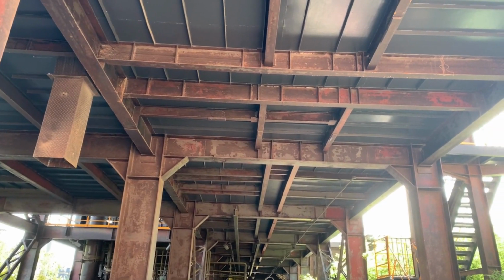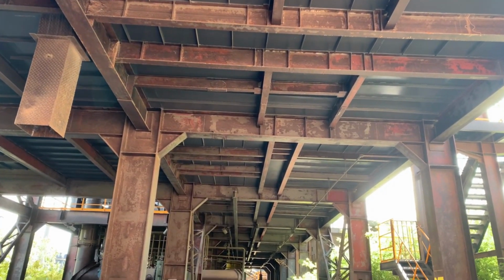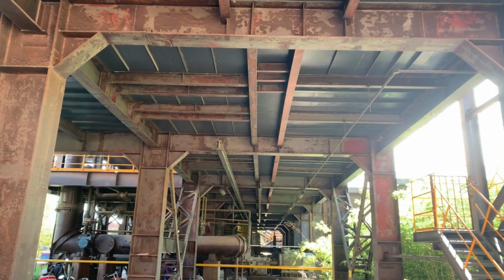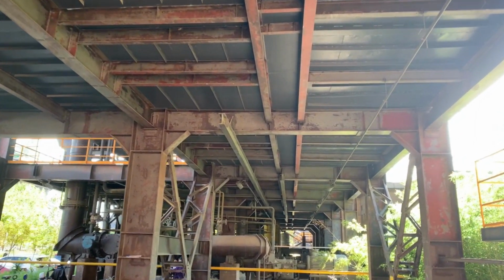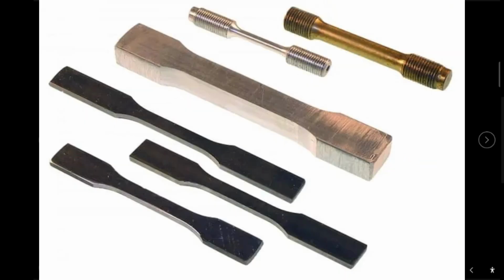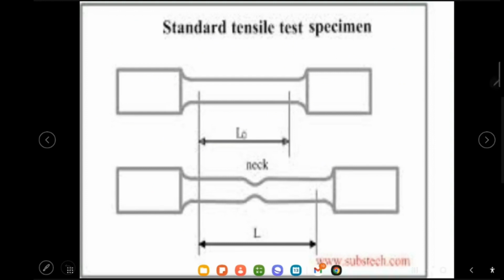So this is an example of utilization of steel sections in the construction of portal frames and so on. Standard tensile test specimen, we are using a coupon. Normally when we test steel or FRP, we have to use this shape of specimen where you have a bigger end.